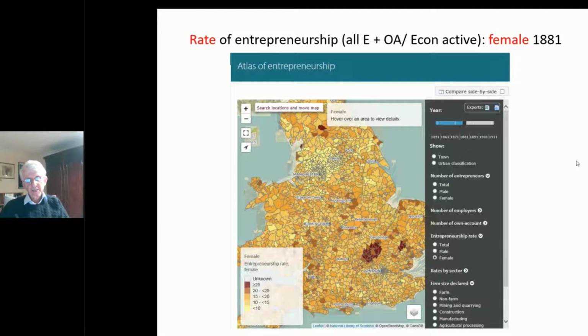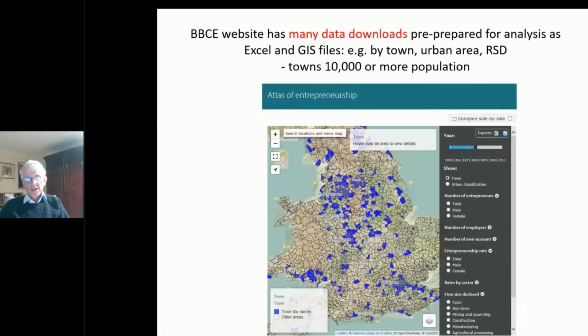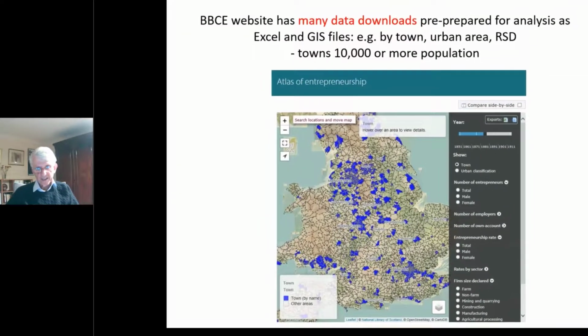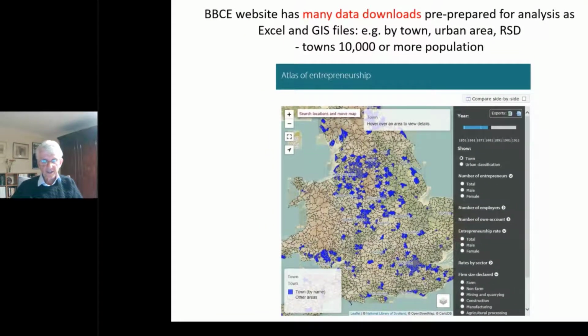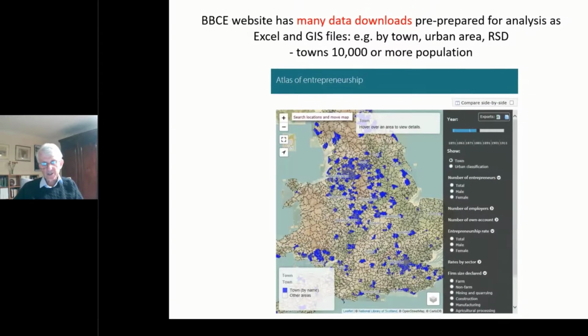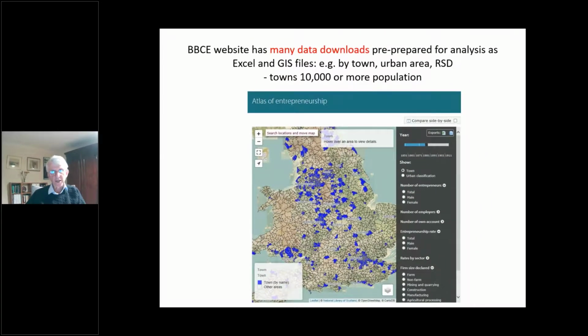And because wages were relatively good, you didn't set up your own business as a woman. There were far better opportunities. They might not have been that well paid, but they're perhaps better than running your own business. A lot of the data is available for towns. This is the towns over 10,000 population in 1881, and you can download these data as well.